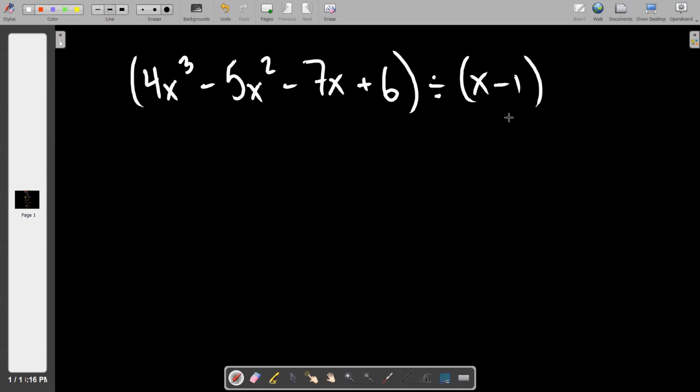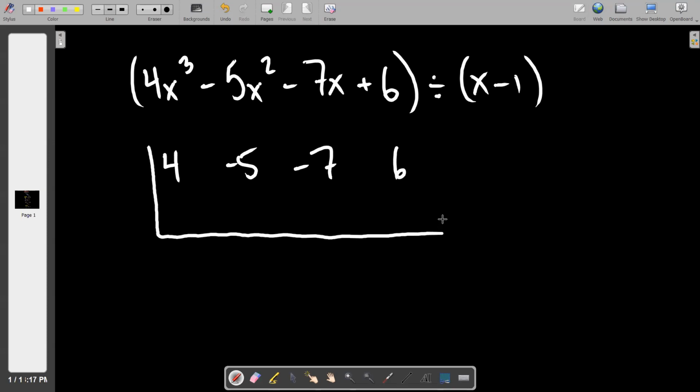Let's do it. What numbers go across the top? 4, -5, -7, +6, upside down house, number on the outside, and we begin.